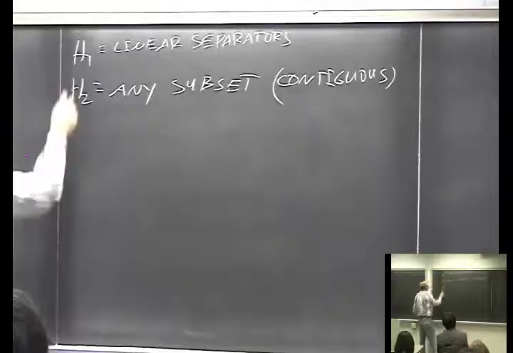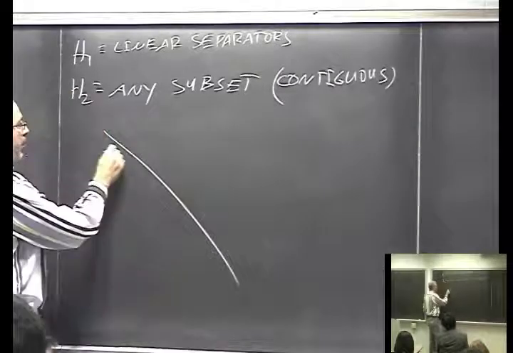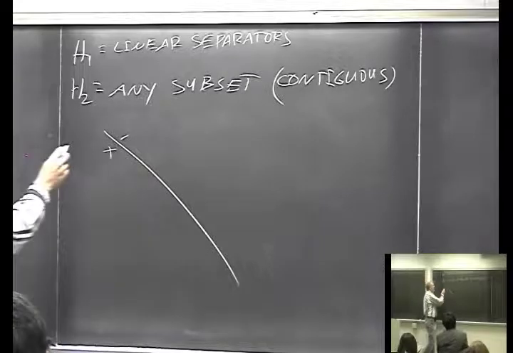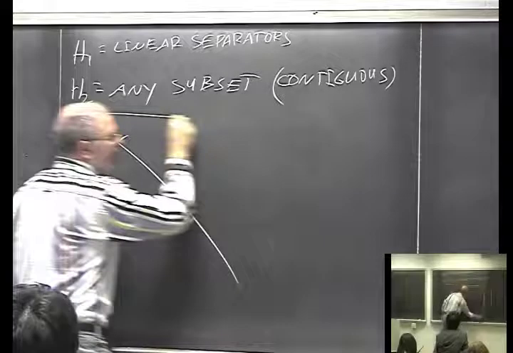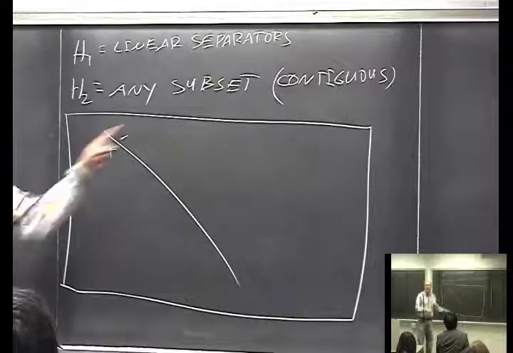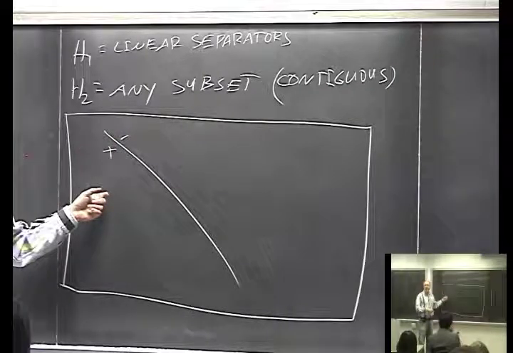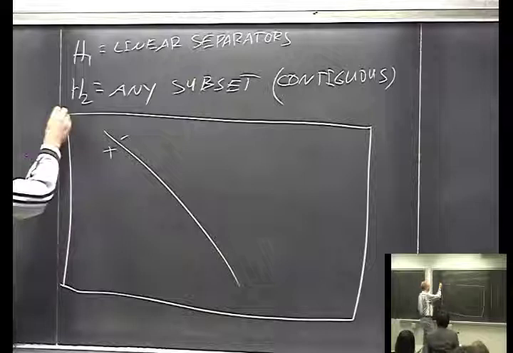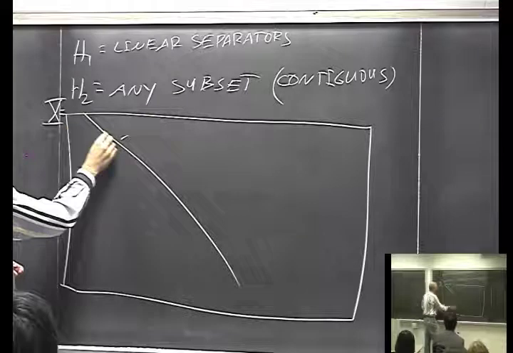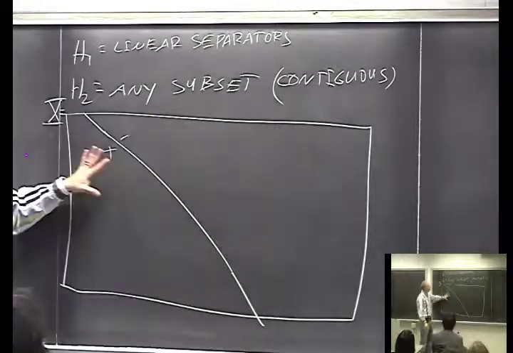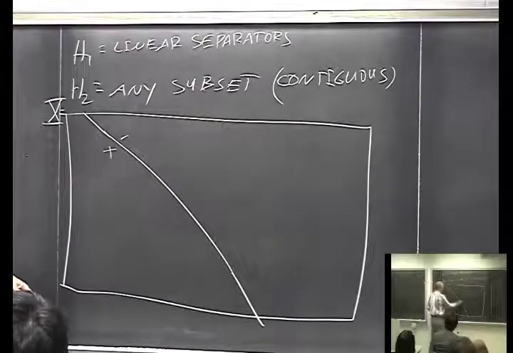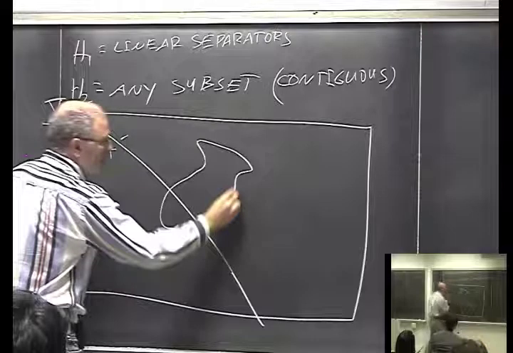So an example from H1 would be this line with a plus on this side and a minus on this side. Let's say the input space is infinite, but it's bounded in terms of x and y. So it's just this square. Every member of this square is a possible input. Okay, so this is x. So the separators are lines that go all the way. So this side is plus, this side is minus. An example of a member of H2 would be something like this.